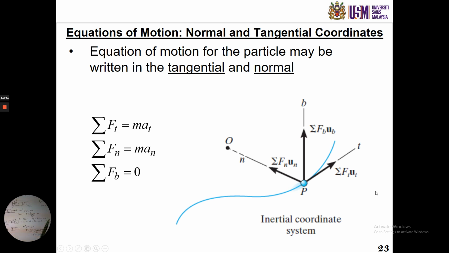Ft is tangential, in the direction of the tangent of the curve here, and the normal component is in the direction perpendicular to the tangent, pointing to the center of the radius of curvature, O here. And lastly, Fb is perpendicular to both the Fn and Ft plane.